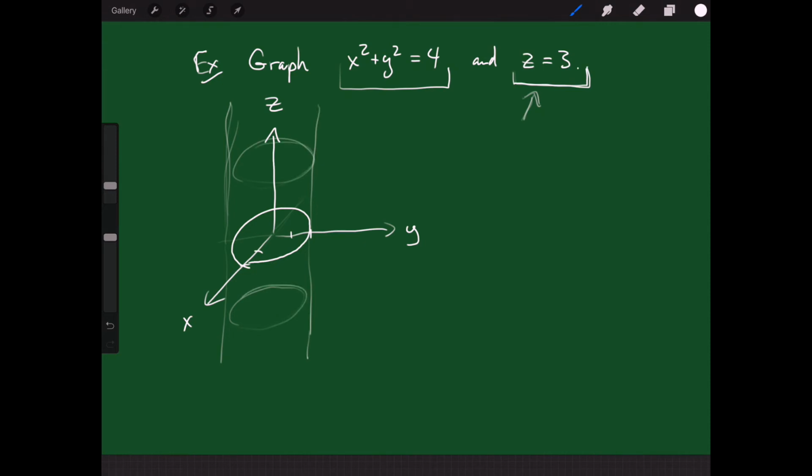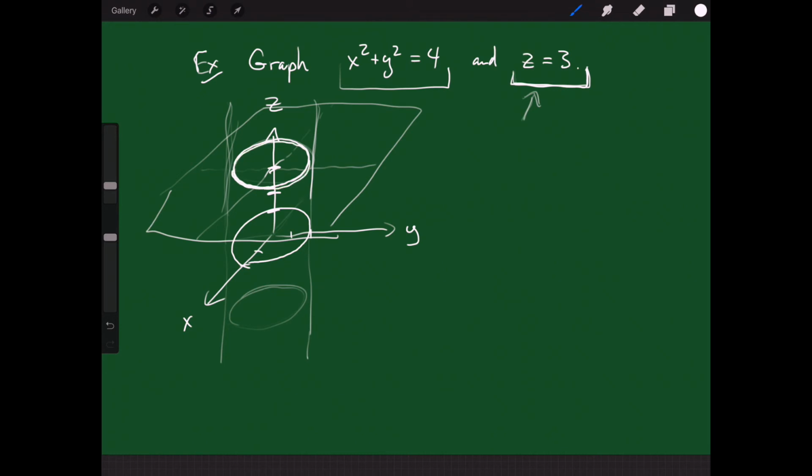But what this is saying is, okay, but I have an additional condition that z is 3. So if I go up 3, 1, 2, 3 in the z direction, then I get a plane. z equals 3 is a plane. So that plane looks something like this. And it intersects with that infinite cylinder on some circle.